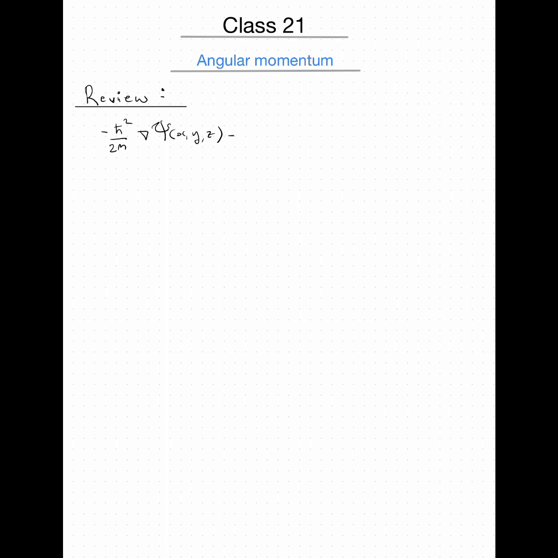This is the momentum piece. And then the potential. And we can do separation of variables in Cartesian coordinates or spherical coordinates, depending on the problem, to attempt to solve the differential equation.